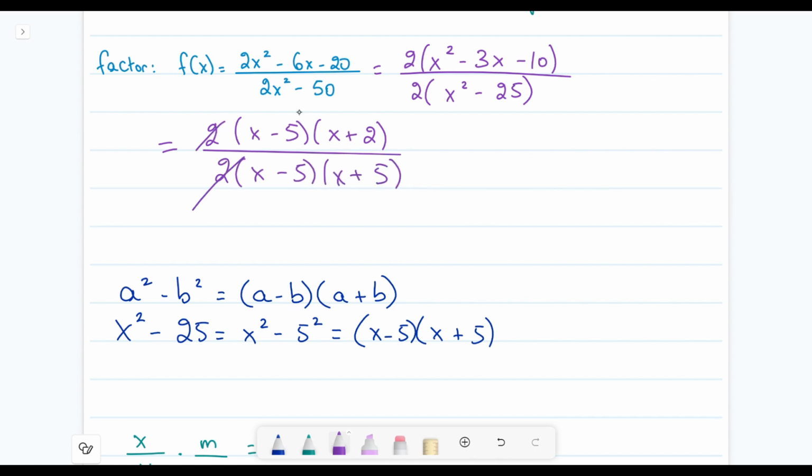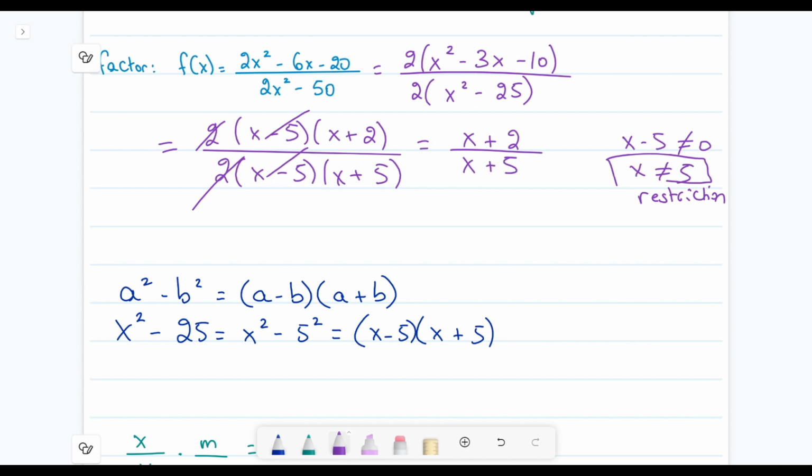Now we cancel out the 2, we cancel out the x minus 5 as long as we take the restriction that x minus 5 is different than 0, so x is different than 5. And our final simplified answer becomes x plus 2 divided by x plus 5.